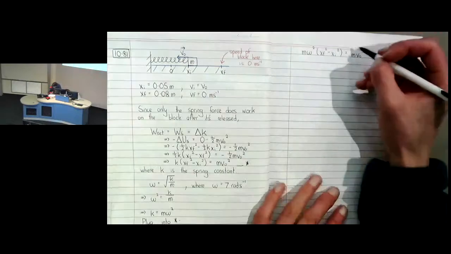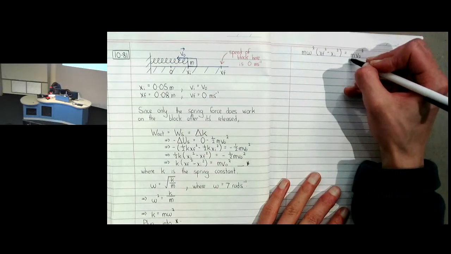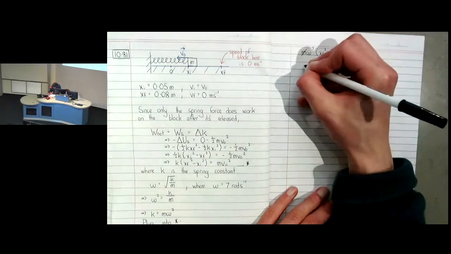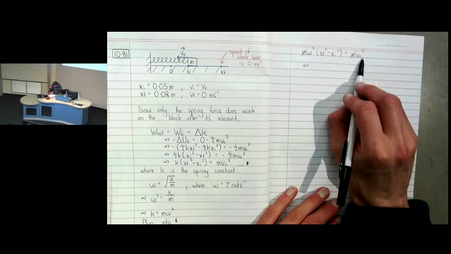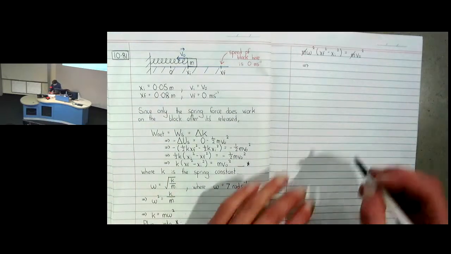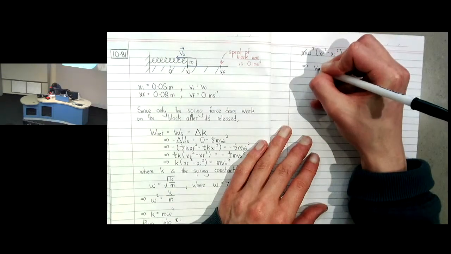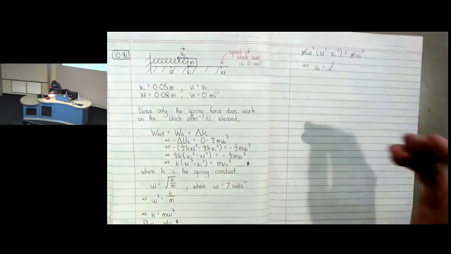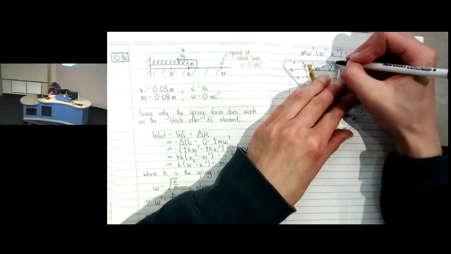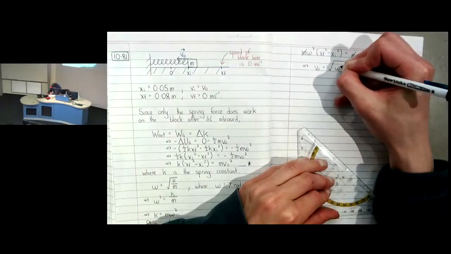And so our mass of the block appears on both sides, so we can cancel that out. And then finally, to solve for this V_0, the initial speed that the block has to be given, we can just take the square root of both sides. And so when we do that, we get this.